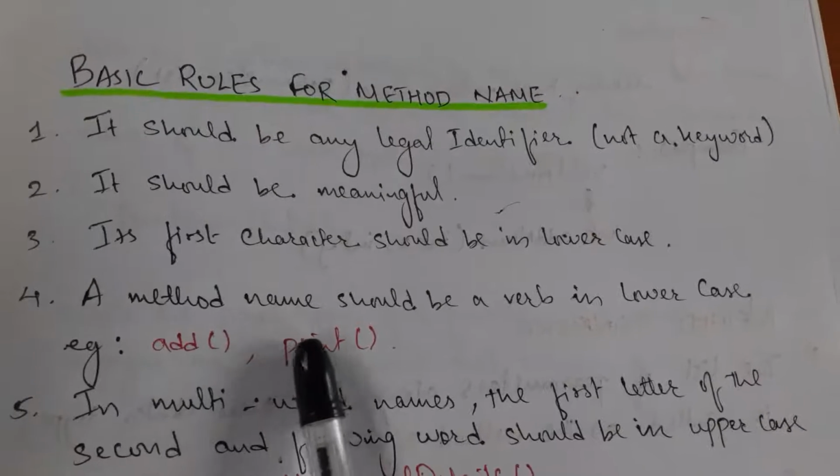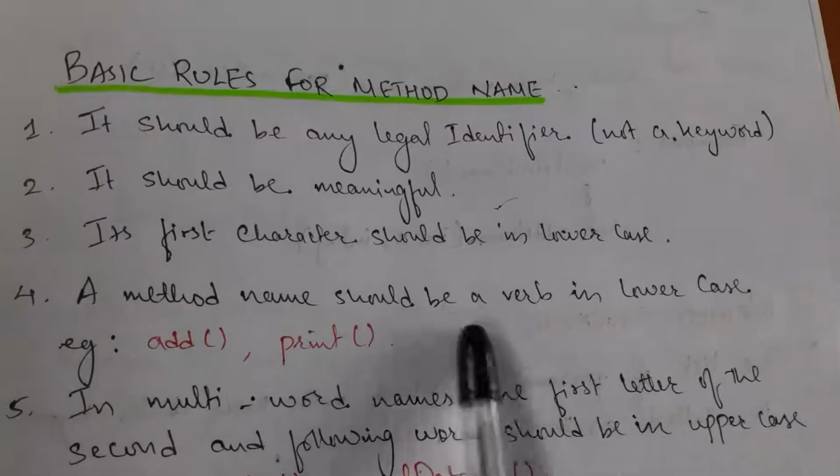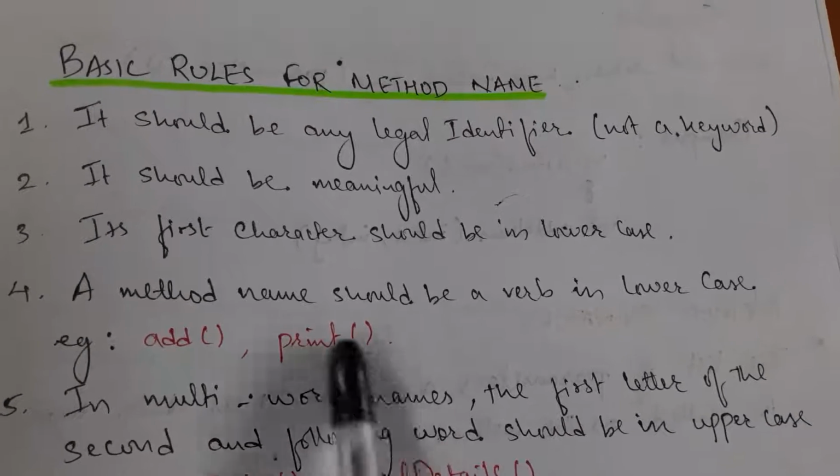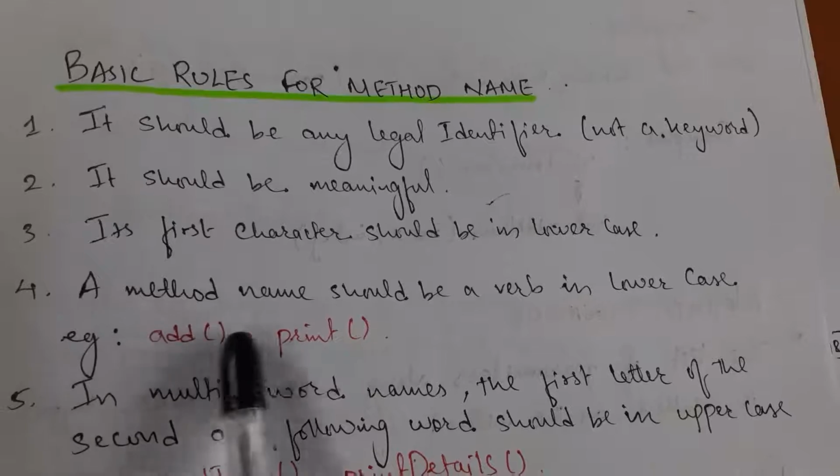Whenever we are defining a method name, it should be a verb and it should be in lowercase or small letter, like the examples given here, add or print.